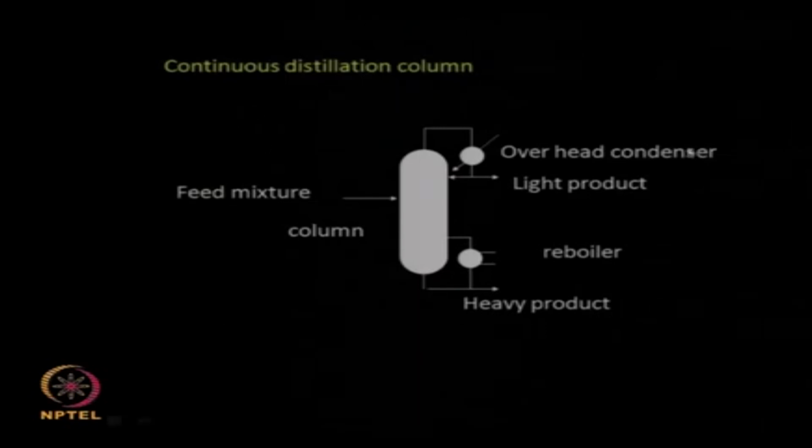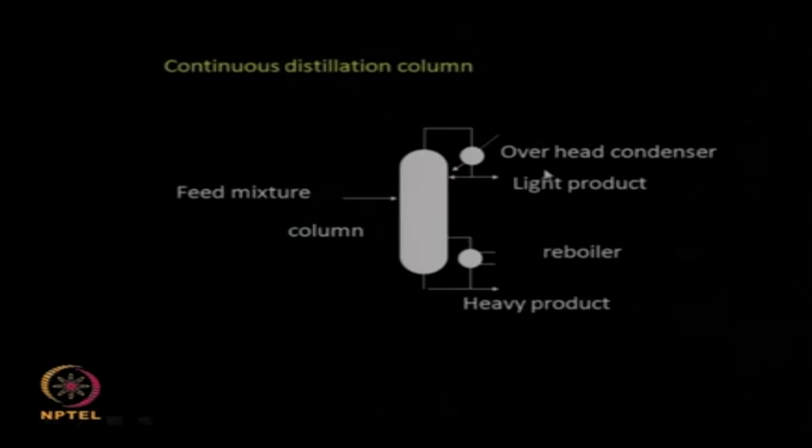So by doing this operation, we will have more of the heavies here, that means high boiling material, and more of the light material here, that is the low boiling material. So we can play around with the reflux and achieve very good separation.